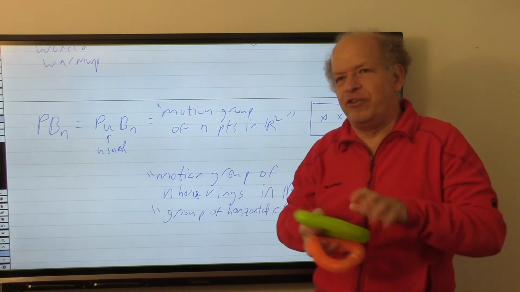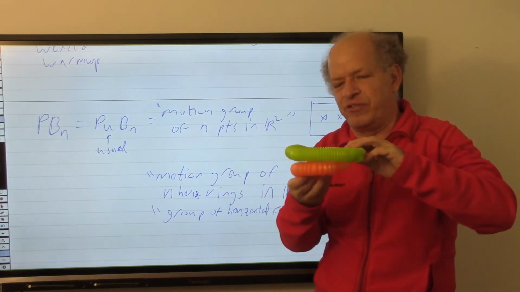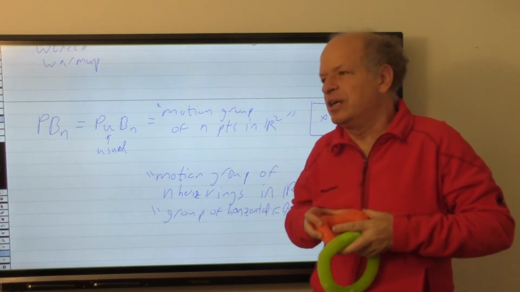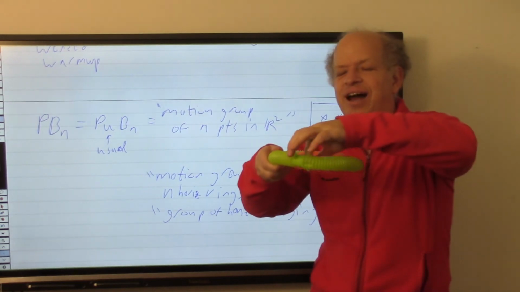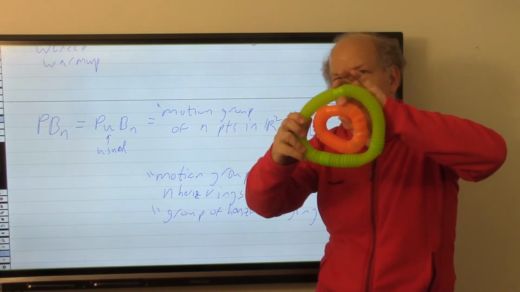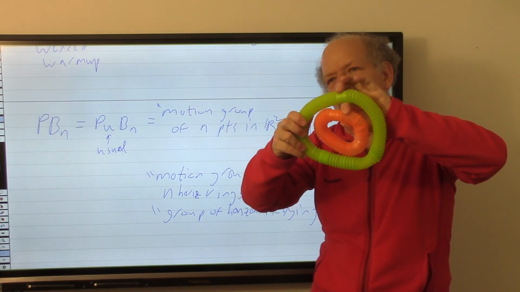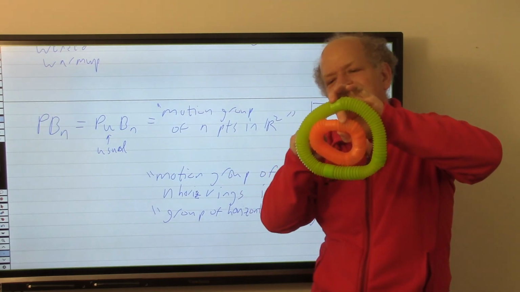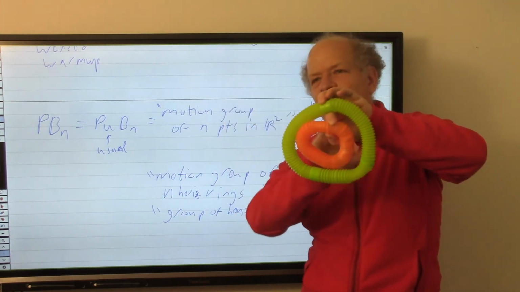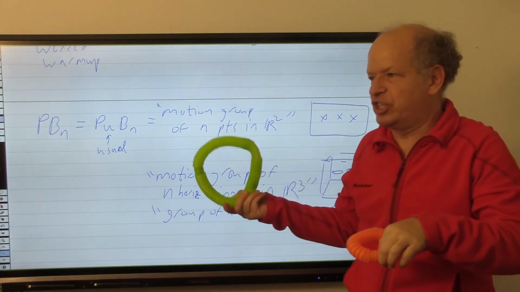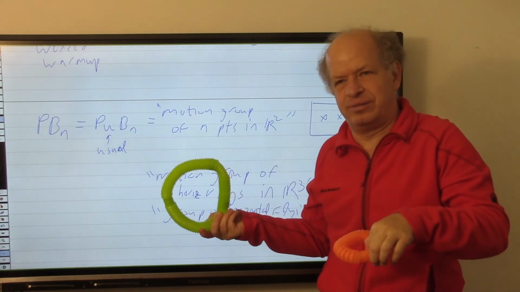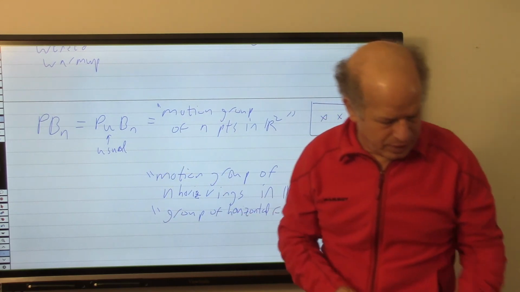So if none of them is allowed to be kind of inside the convex hull of the other, like this, if there is no ring in the plane of another and inside it, then the space of such rings is simply connected. Okay?